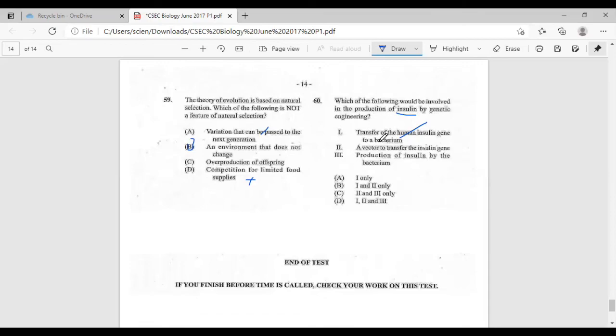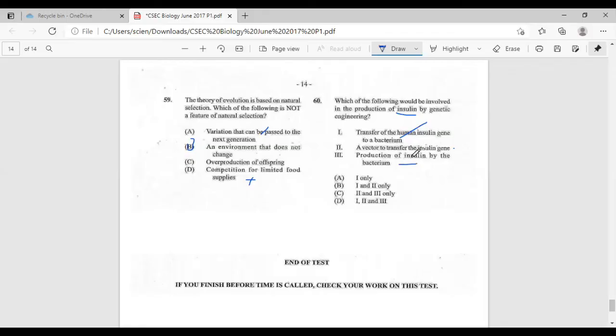2, a vector to transfer the insulin gene. And then 3, production of the insulin by the bacterium. So we definitely know that 3 is in there, because if we're putting the gene inside the bacteria, and I just told you that the bacteria will multiply, and that desired gene will be multiplied also in the bacteria.